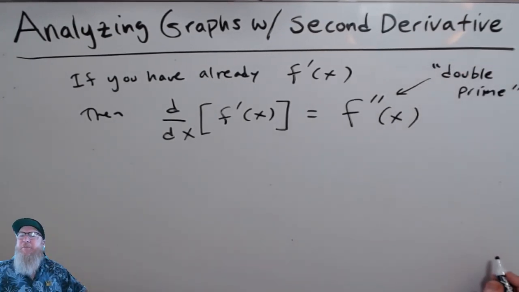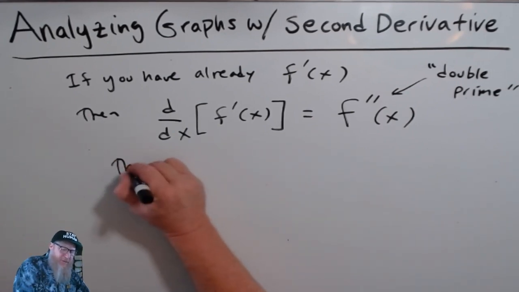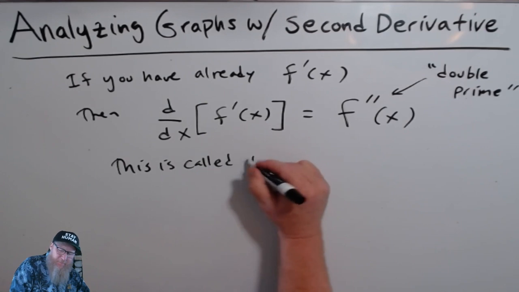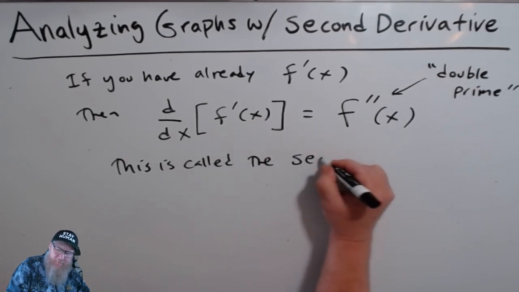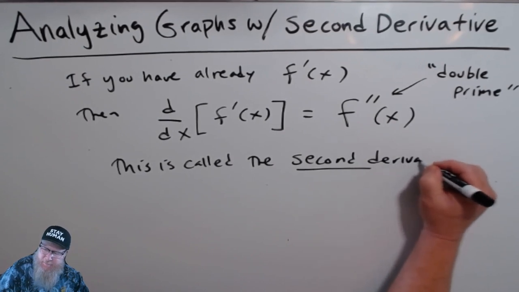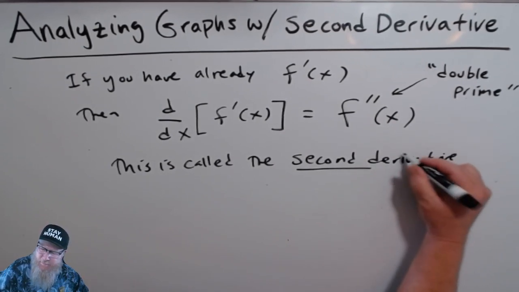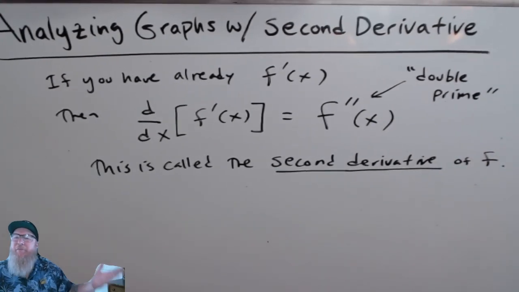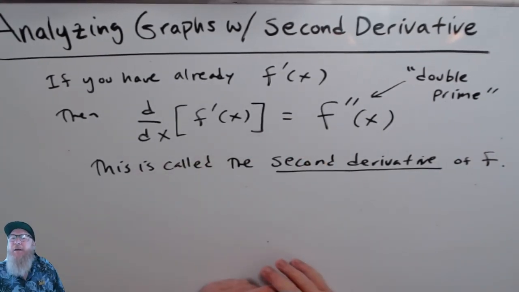We call this f double prime. This is called the second derivative. It's the second derivative of f, because this is all starting with a function called f.